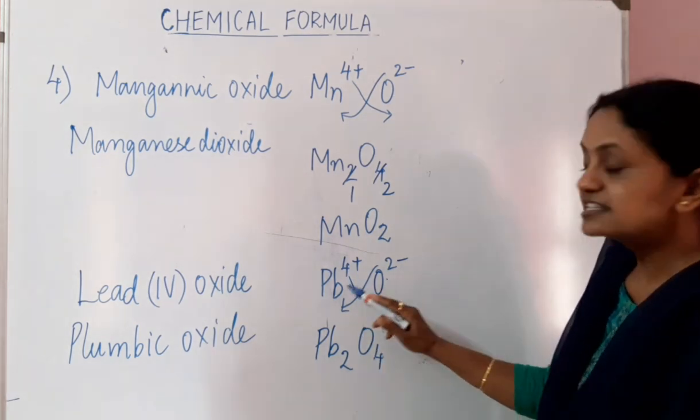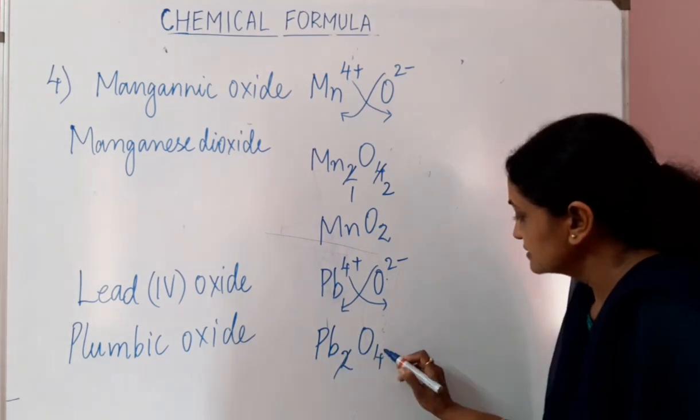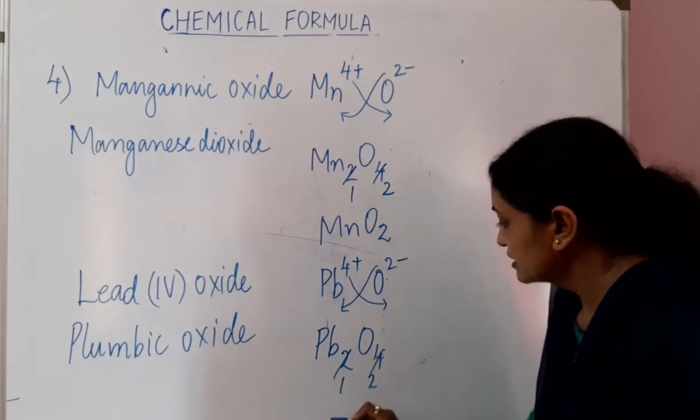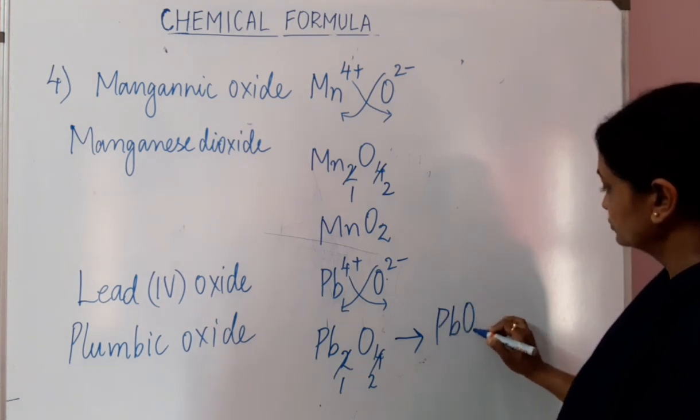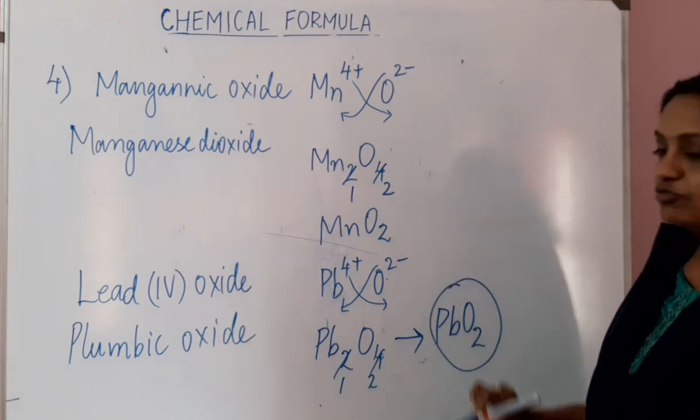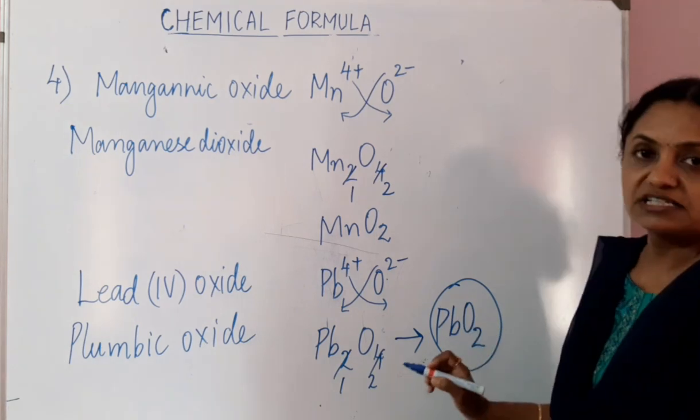As these are multiples, we can cancel and the final formula is PbO2. This is the final formula for plumbic oxide.